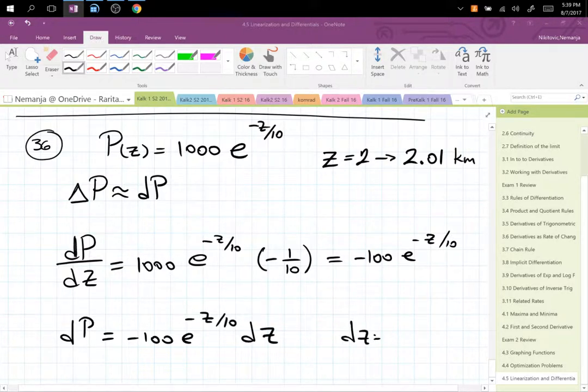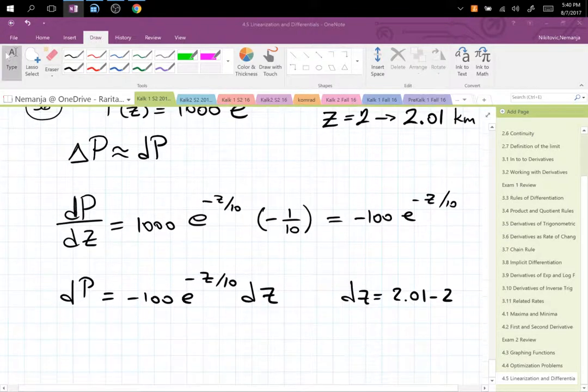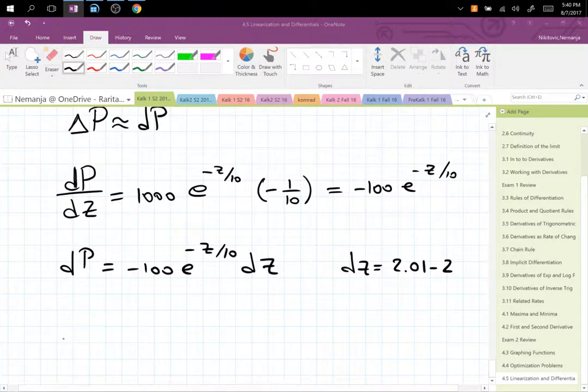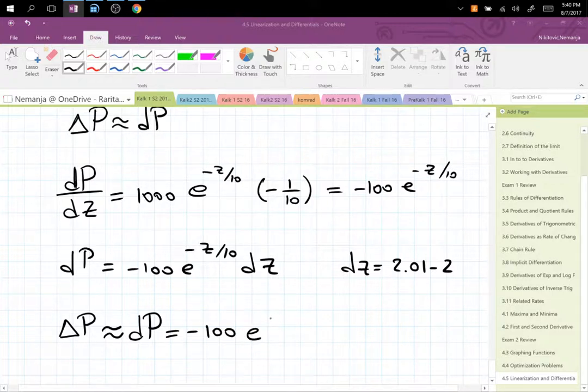Now dz is 2.01 minus 2, so we plug that in, and the change in pressure is approximated by dP, which is negative 100 e to the negative 2 over 10. We are plugging in 2 now. Negative 2 over 10 times 0.1.